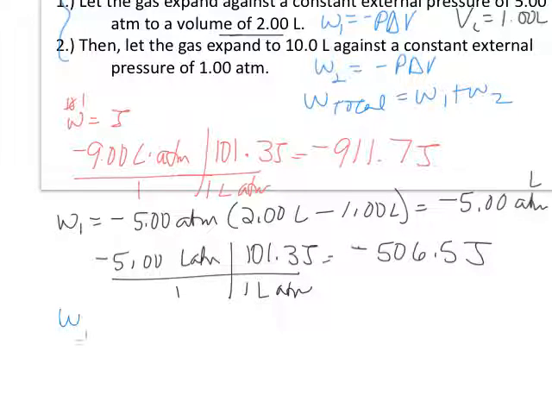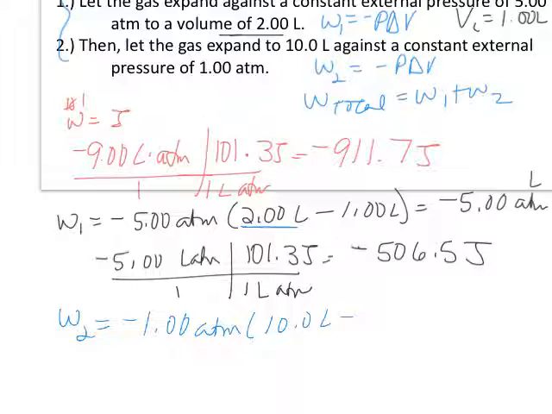Work number 2, same formula, but the external pressure is now 1 atmosphere, and we let the gas expand from 10 liters to 10 liters. So where are we at? We're at 2.